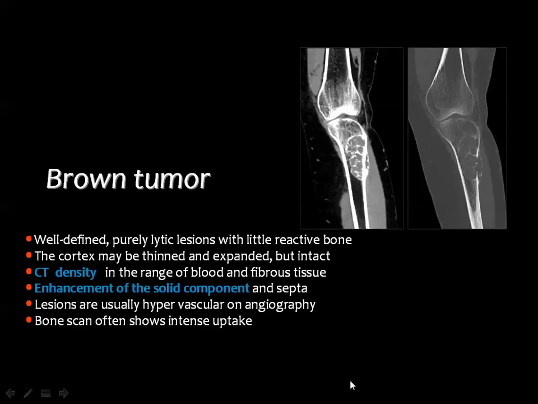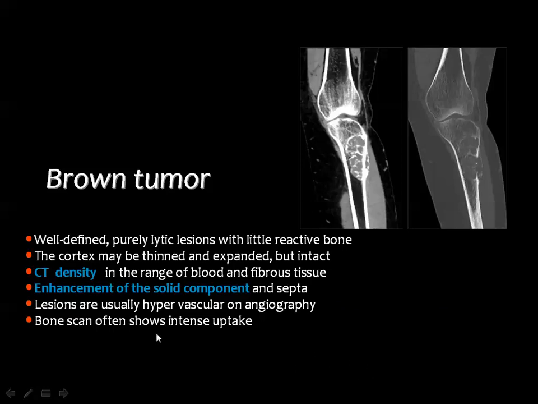The appearance of brown tumor on CT is a mixture of blood and fibrous tissue, an osteolytic lesion, slightly expanding with well-demarcated cortex. And if you inject contrast media, the lesion will enhance. And if you perform an angiography, the lesion will appear hypervascular.